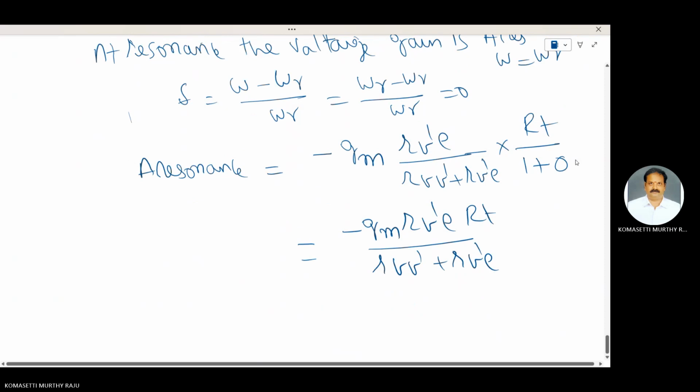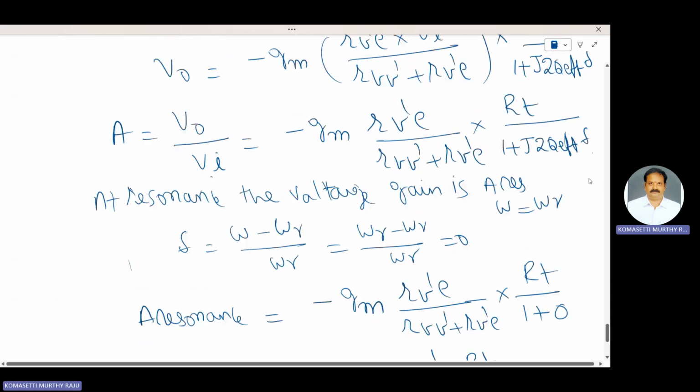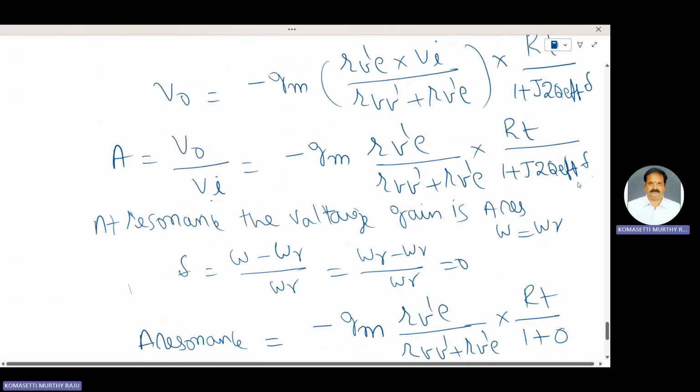A by A at resonance. A is equal to, generally, RB'E by (RBB' plus RB'E). Compared to RB'E, RBB' is low.